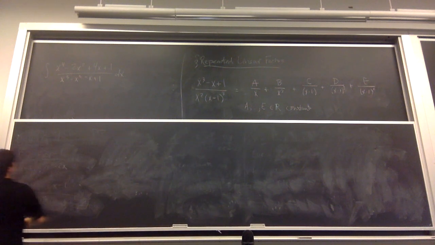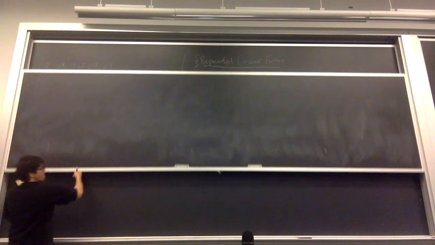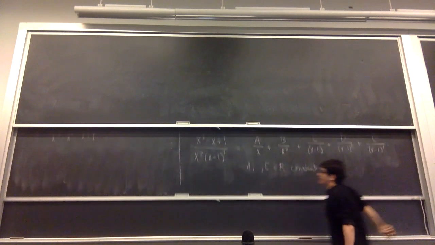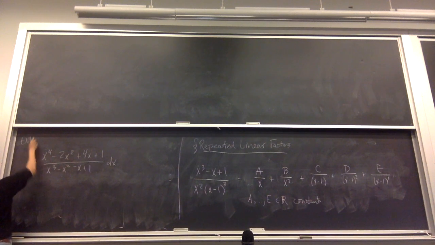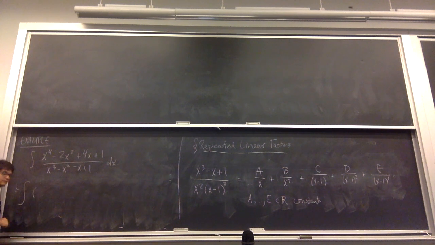So what did we learn here? This is equal to the integral of, so what was the quotient? The thing that wasn't the remainder? x plus 1.